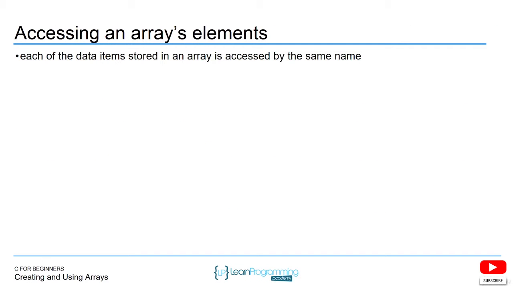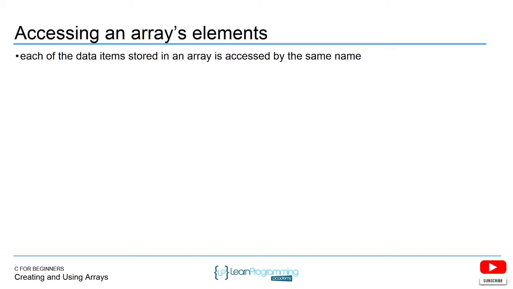Once you've declared an array, you're then going to want to start using it. You're going to want to start accessing the data inside of it or writing data to it. In order to do that, you have to understand how the array is stored in memory and how it's actually going to be accessed. Each of the elements in the array, each of the data items, is accessed using the same name.